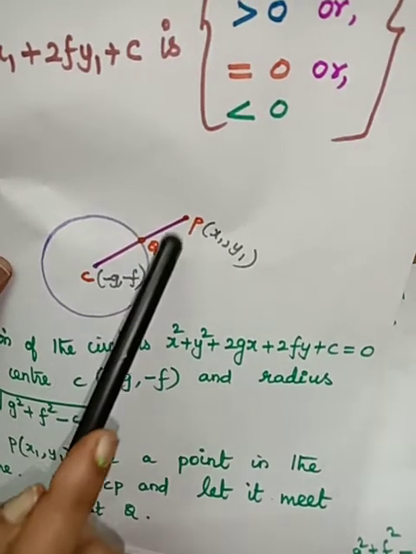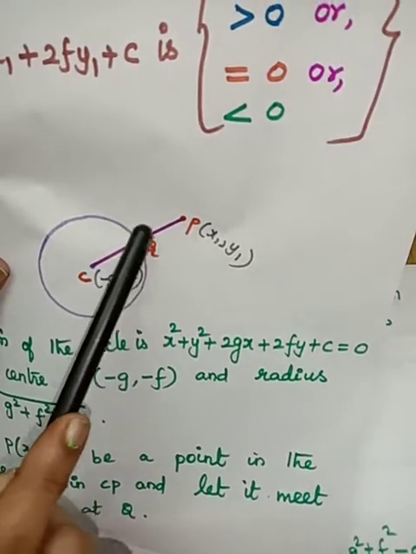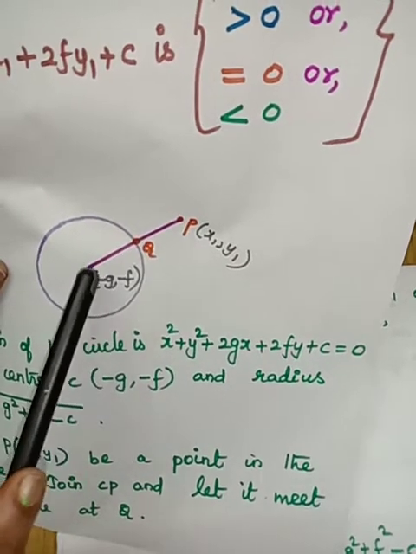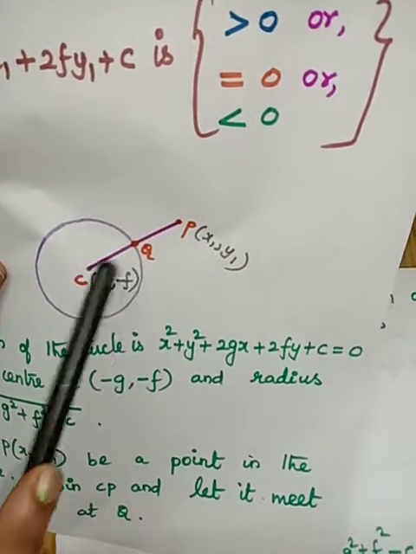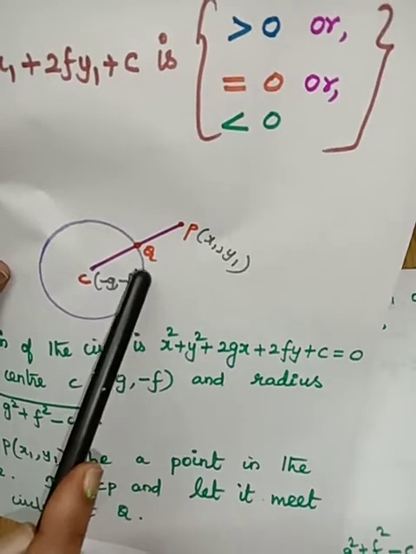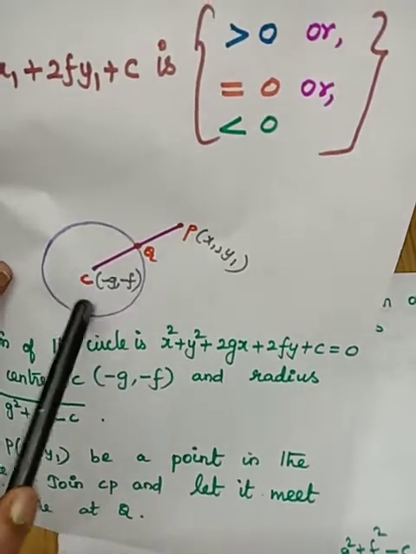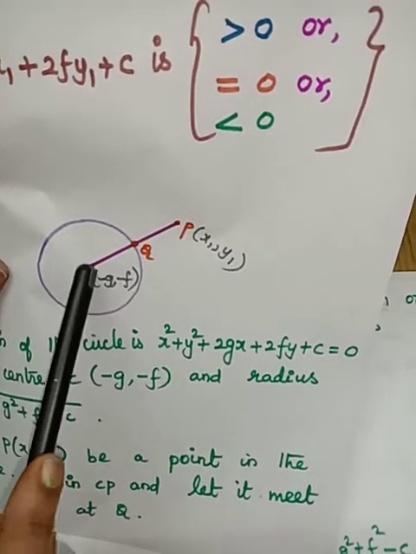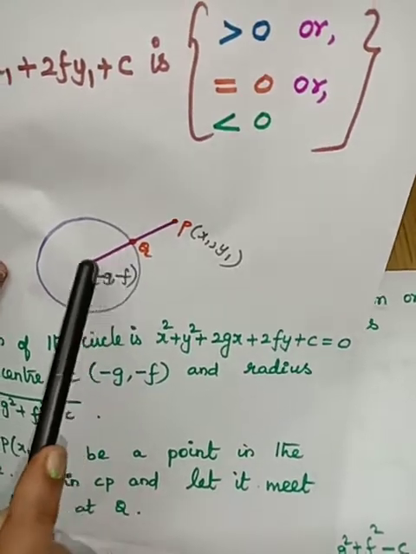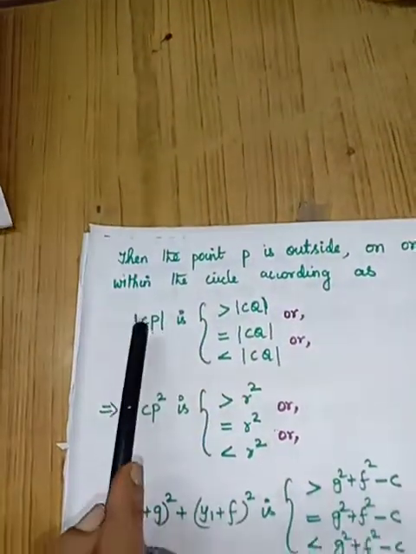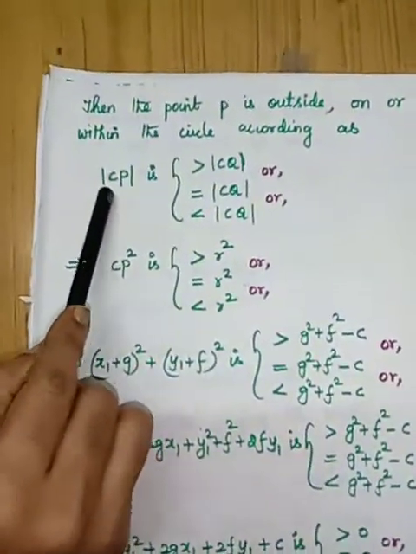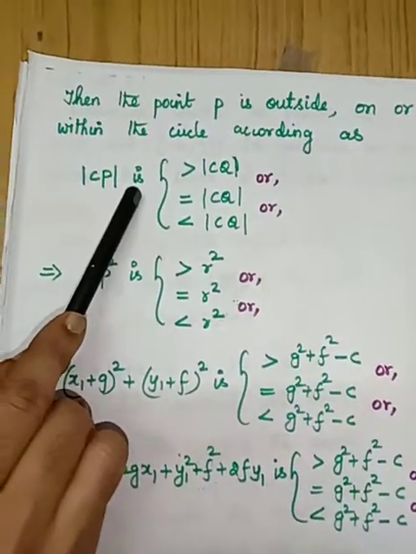When P and Q coincide, the distances CP and CQ are equal. Suppose the point P is inside the circle, which distance is bigger? CQ is bigger compared to CP. So see the result. The distance, that is modulus of CP, is greater than CQ.